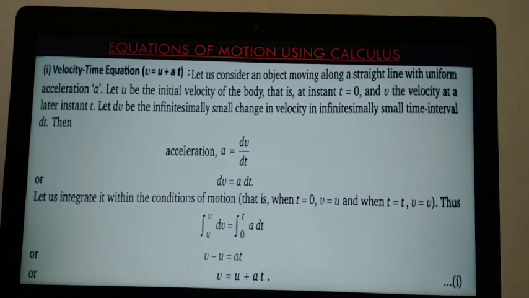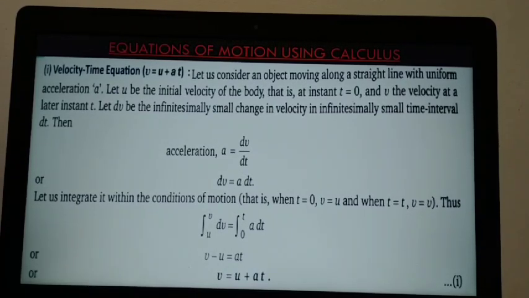When time varies from 0 to t, what about the changes in v? When t equals 0, v is equal to u. When t equals t, then v equals v. So on the left hand side v can vary from u to v.